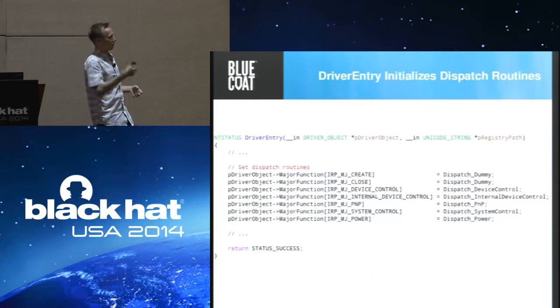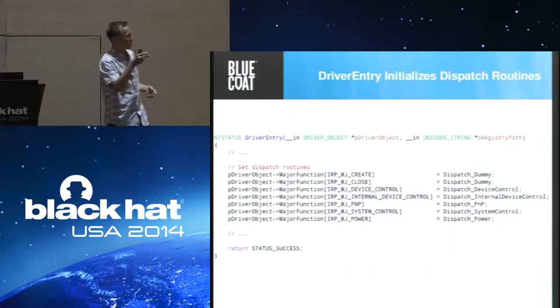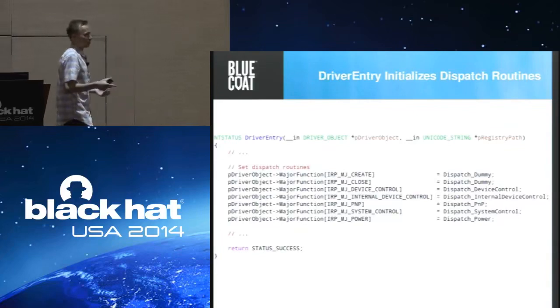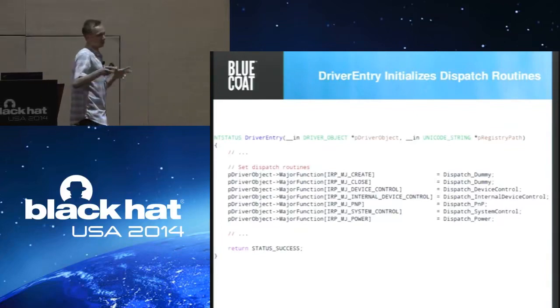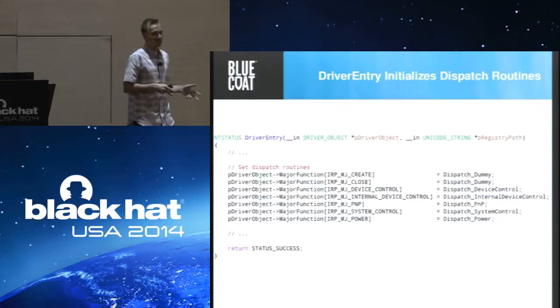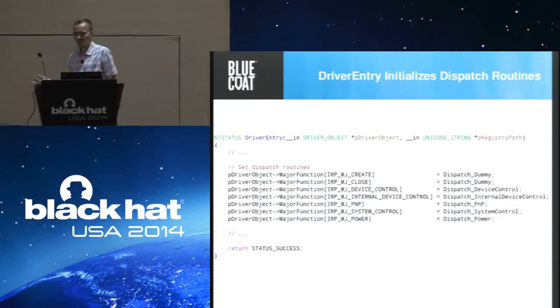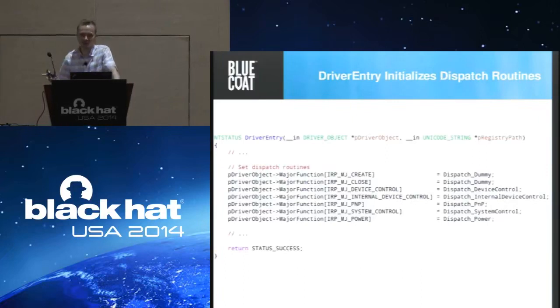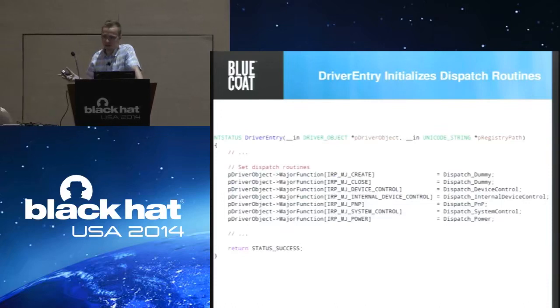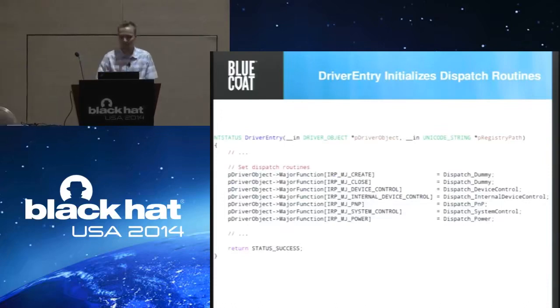And a very typical thing is that the kernel will pass it a pointer to its driver object, and then it's up to the driver itself to register the dispatch routines for all of the various IRP types that it supports. So obviously the driver entry is an exported routine, but the dispatch routines are not. These are non-exported internal routines within the disk image. So how do you find them?